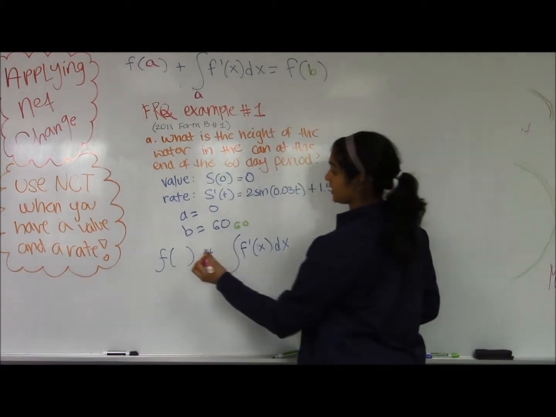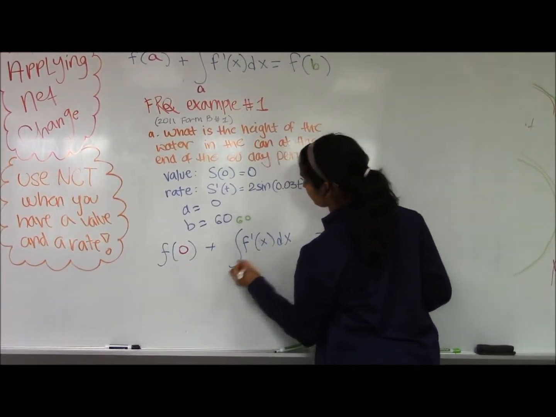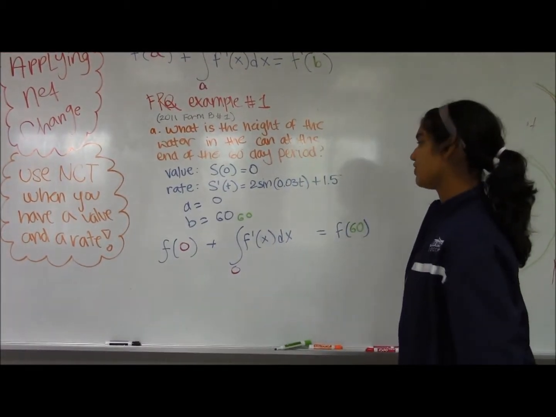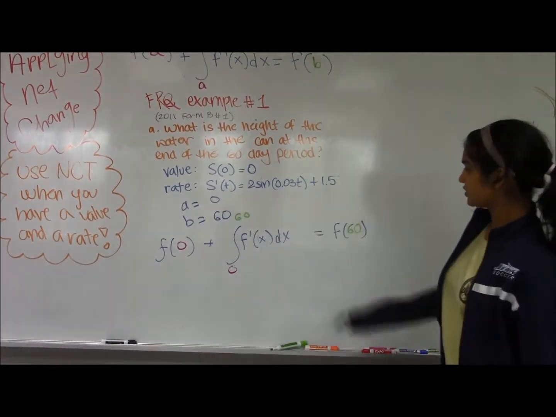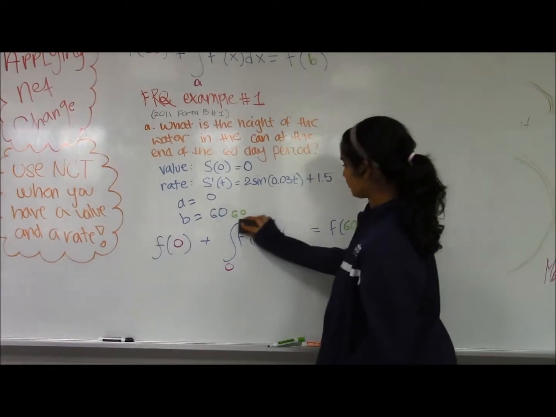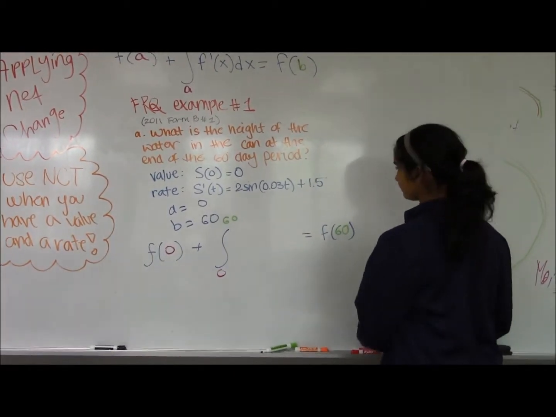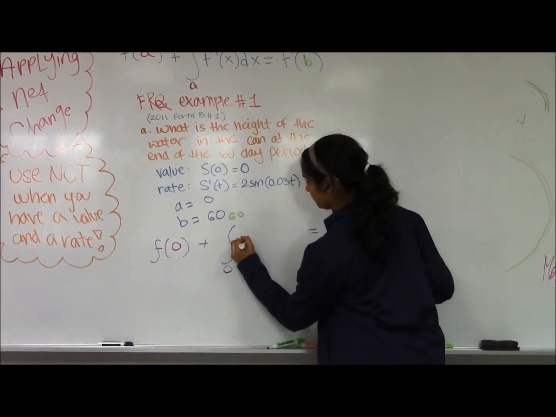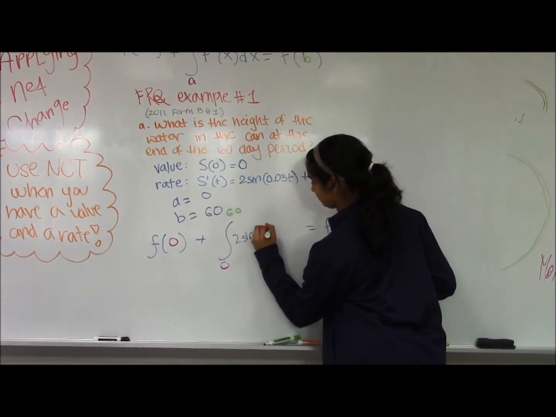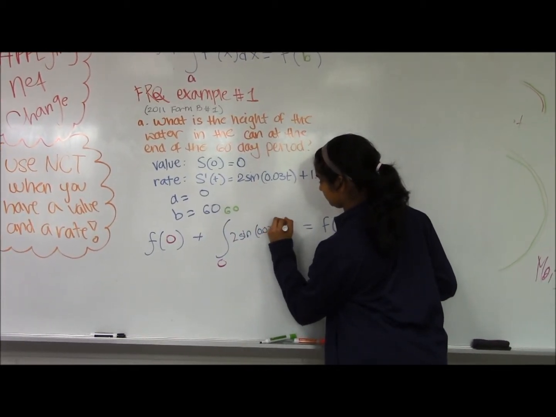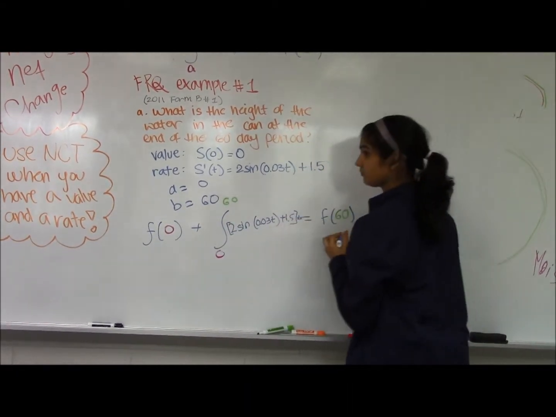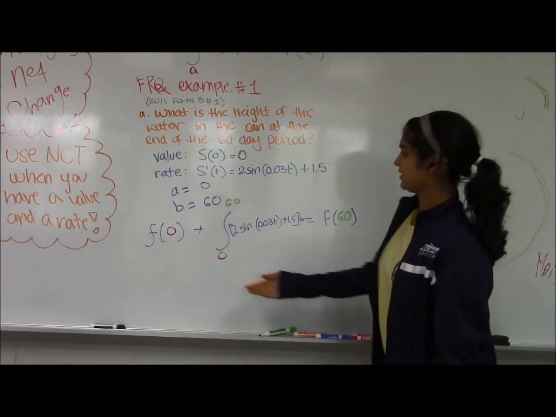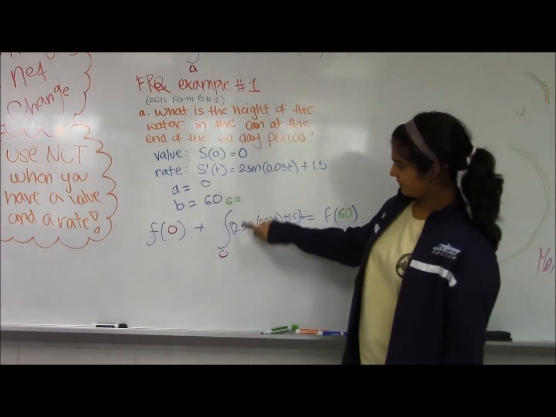And a is 0, so you put 0 over here. And then you know that f prime of x is given to you in this equation, so you can just write that instead. And so you have this equation, and you have the bounds here.